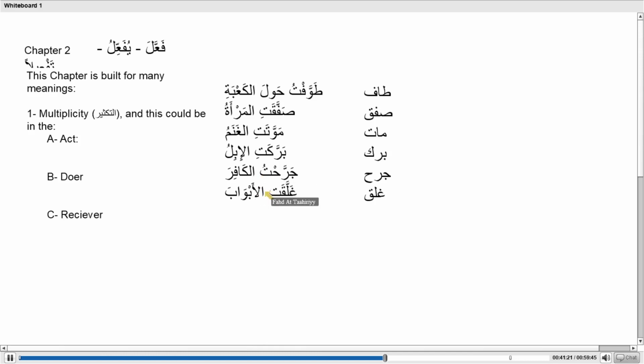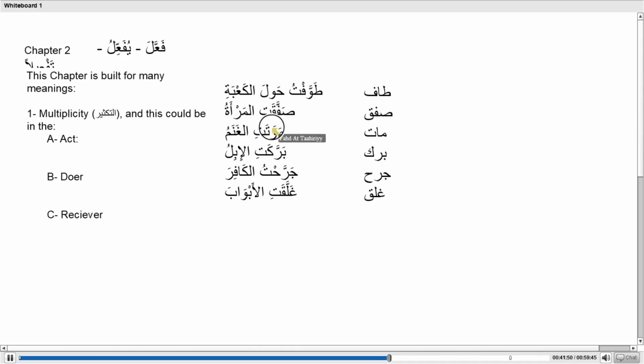But according to what's apparent, yes, you wanted to show that there are many doors which have been closed. Yes, exactly. Same single action done to many doors. Very, very well said. Barakallahu fiki.